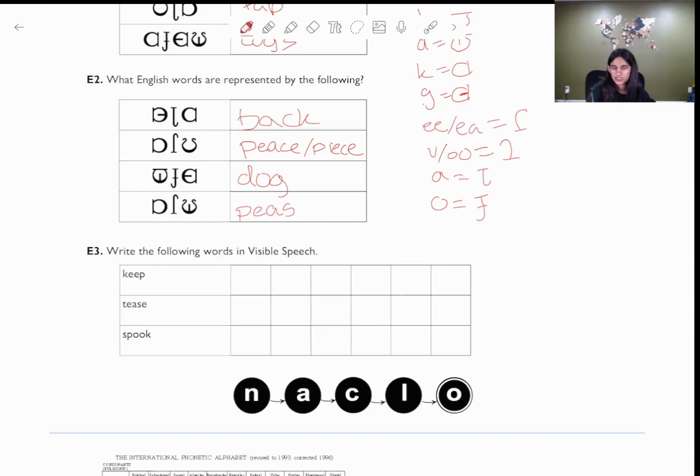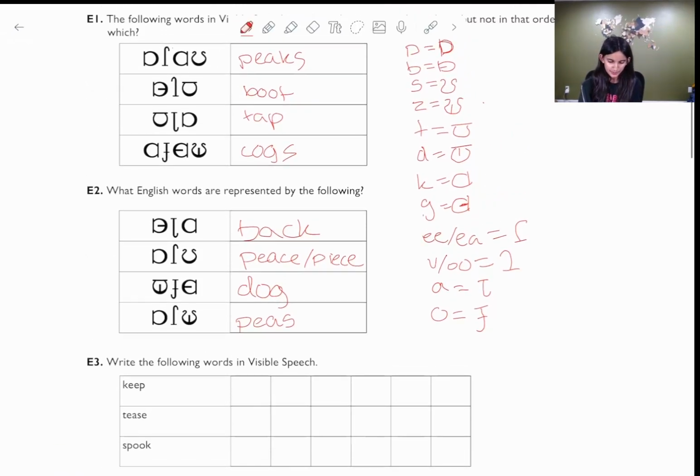So now we need to do keep, tease, and spook. So we have keep. Keep starts with this. And then we have the EE sound, which is this.